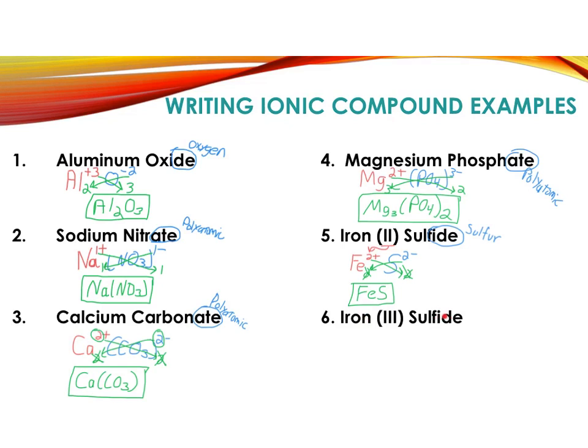Number 6 also has iron and sulfide. It's a very similar compound, at least in terms of its name. If I look into number 6, iron, still Fe. Roman numeral 3 means the oxidation number or charge is 3 plus. Sulfide ends in ide. It comes from sulfur, whose symbol is S. Sulfur is in group 16, right below oxygen, which has a charge of 2 negative.